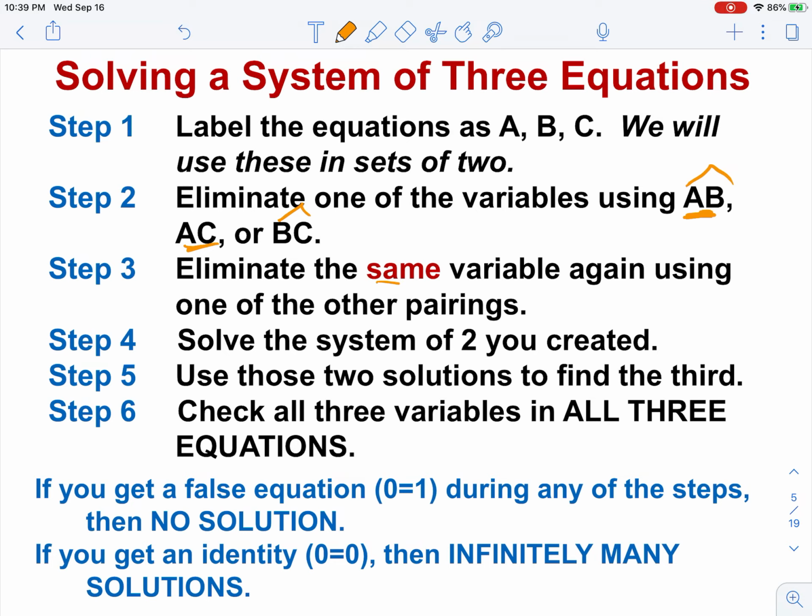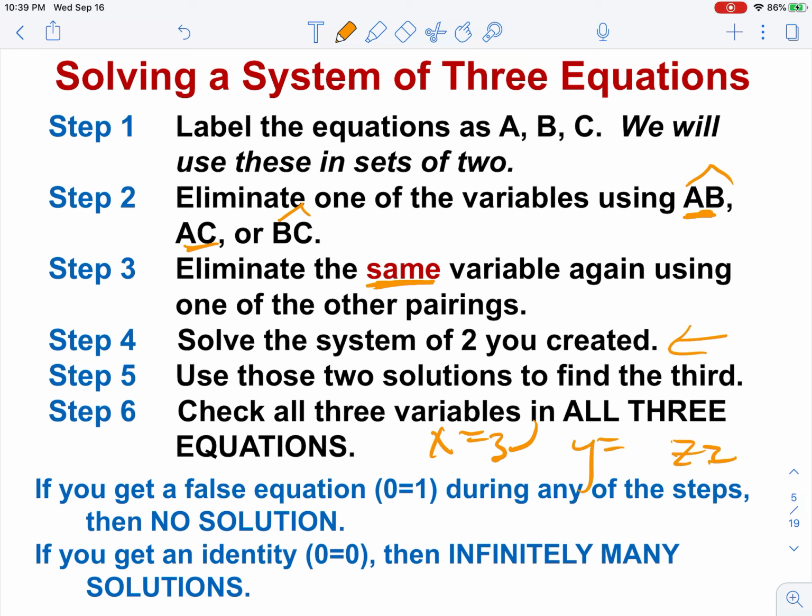What we try to do is eliminate the same variable in each, and then solve the resulting system like it was a system of linear equations with two variables. You solve for one variable, like x equals 3, then you put it back in to find out what y is and what z is.